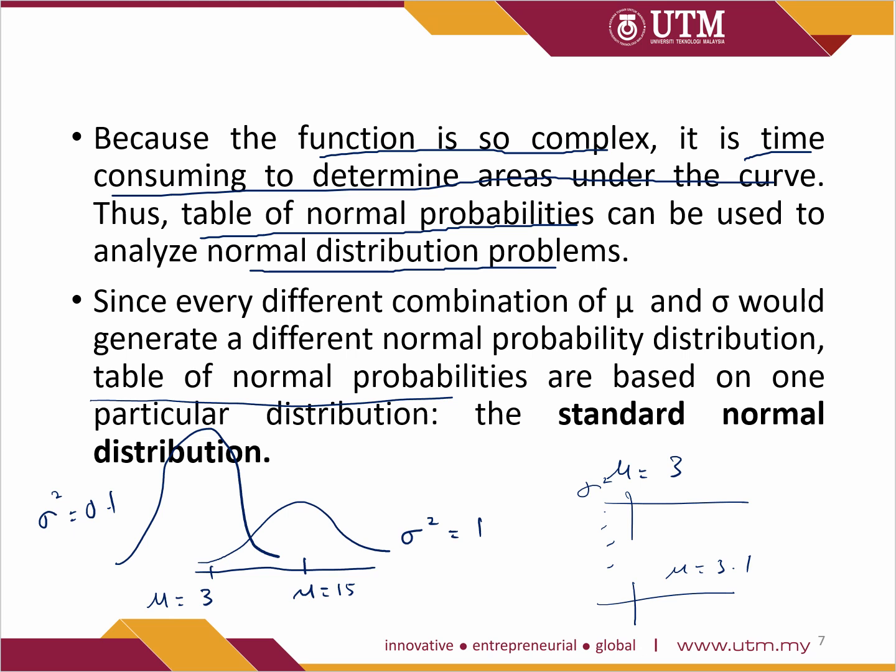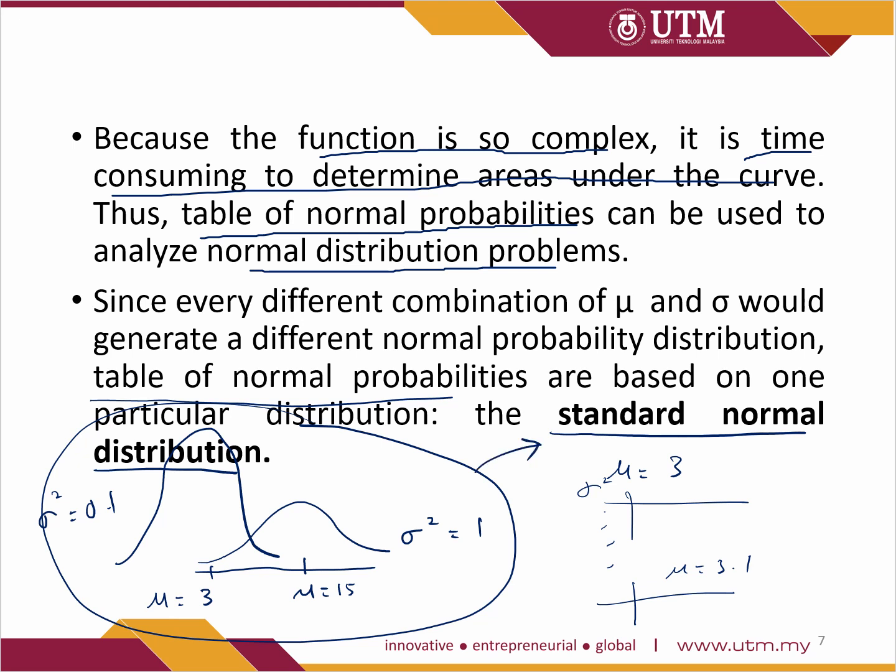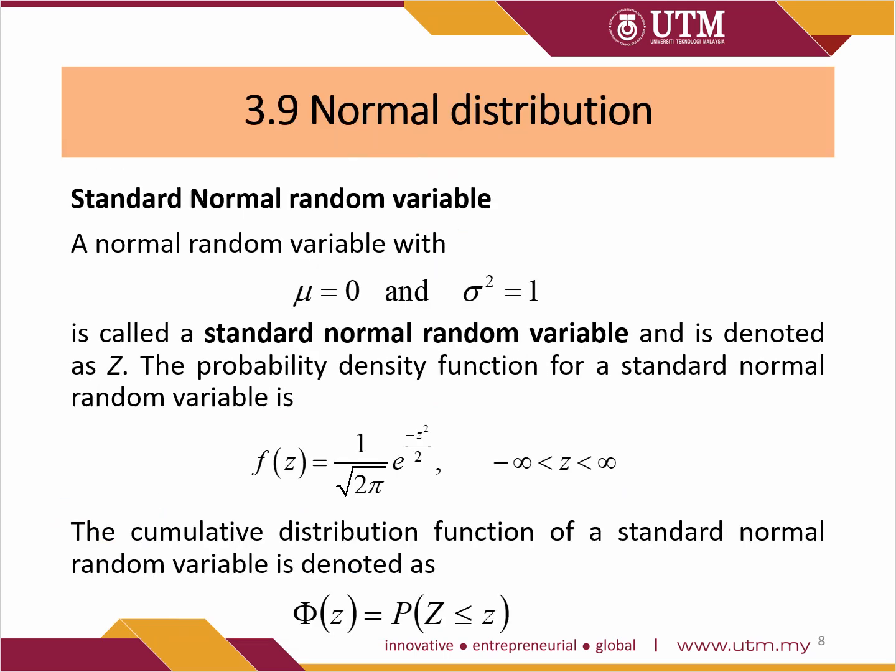So, to simplify this, what we can do is transform this normal distribution to a standard normal distribution. So what is a standard normal distribution? A standard normal distribution is a normal random variable with mean equal to 0 and sigma squared equal to 1. Whatever mean we get, we transform it into a standard normal.